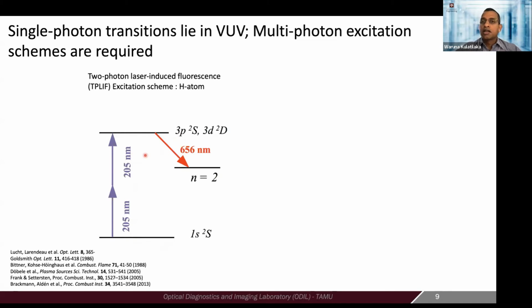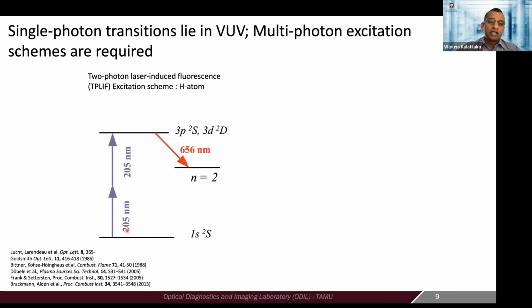Vacuum ultraviolet means these lasers propagate only in vacuum, which is not very helpful for our practical applications when we do combustion, right? We cannot operate in vacuum. When we have air, nitrogen and oxygen, N2 and O2, these lasers get absorbed. So people realized a long time ago, as early as some of these laser tools were available, that one way of overcoming this is using two-photon excitation.